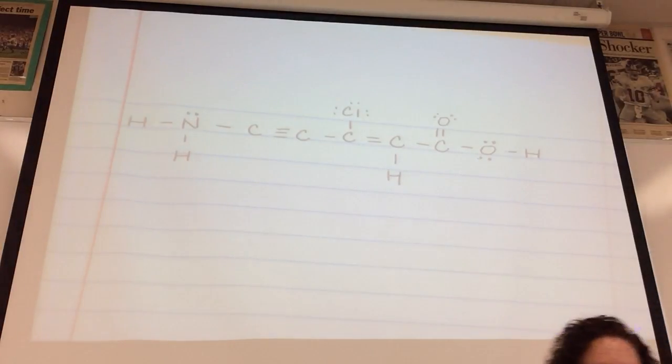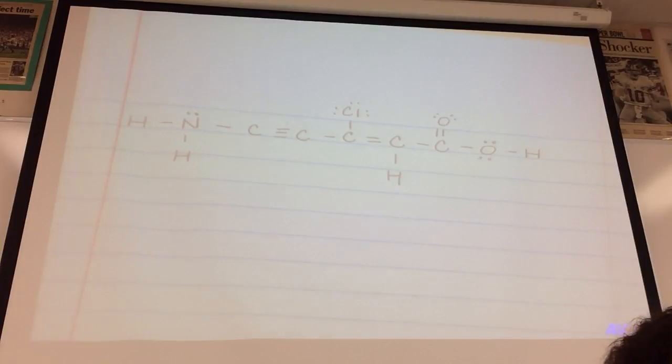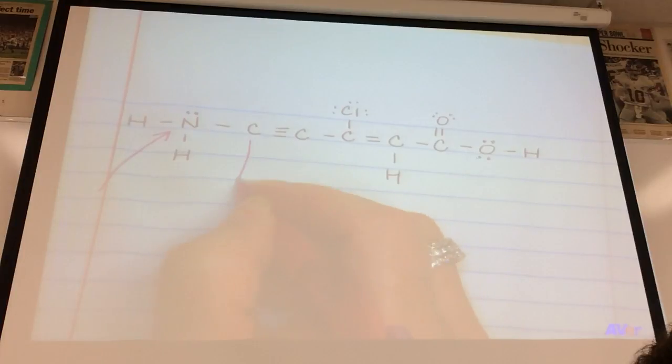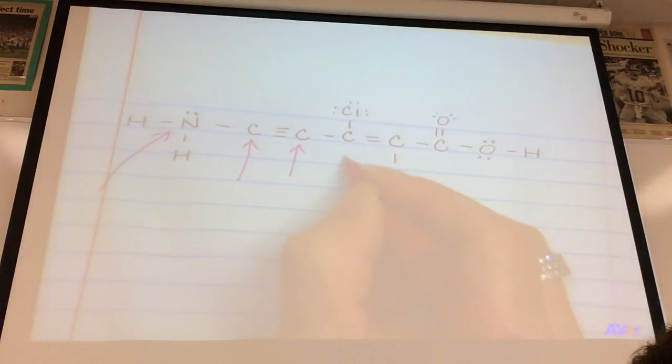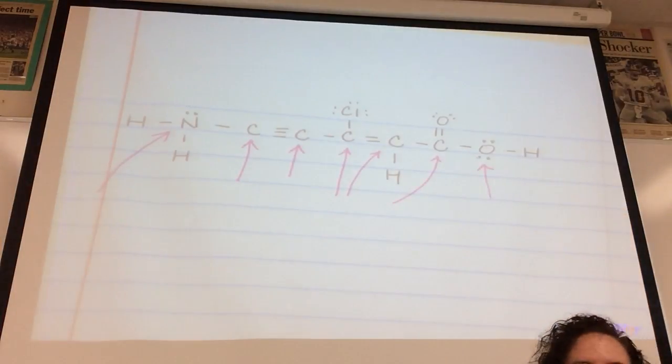So, this is just any generic structure, but let's take a look at every single central atom now, and let's see if we can identify the shapes.